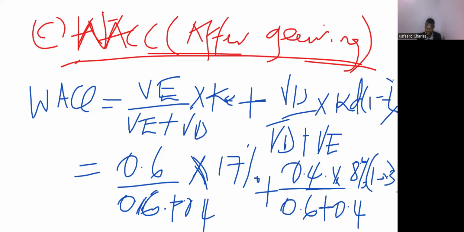Once you compute this, the whole of this is going to be over 1, because 0.6 plus 0.4 is 1. Even this one is 1.0. So we're just going to take 0.6 times 17%. Then we also take 0.4 times the other.